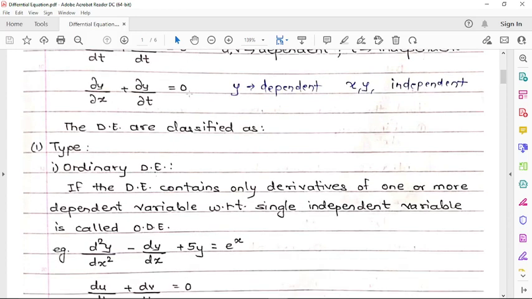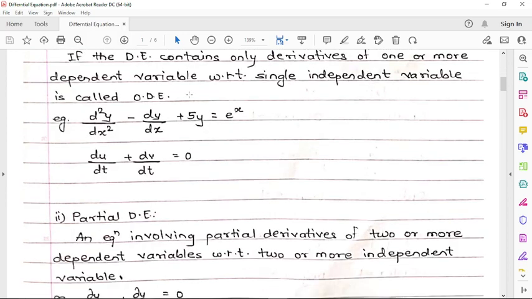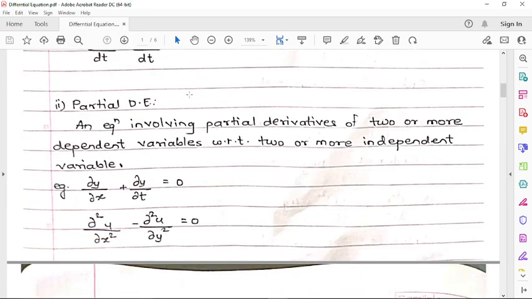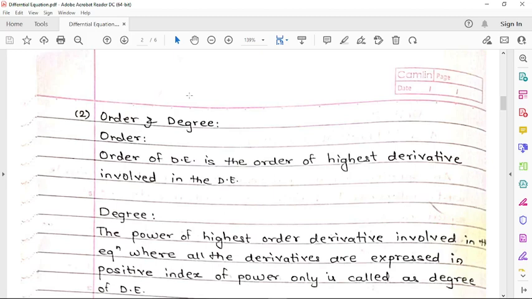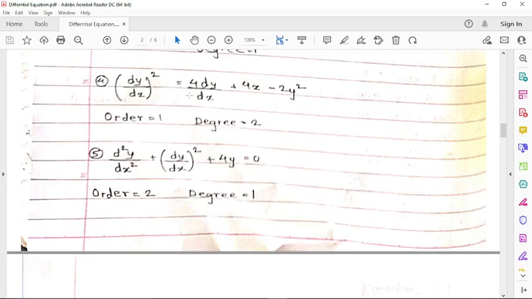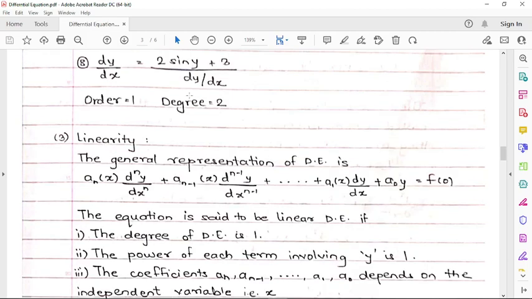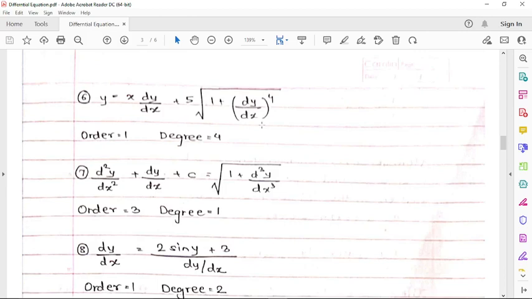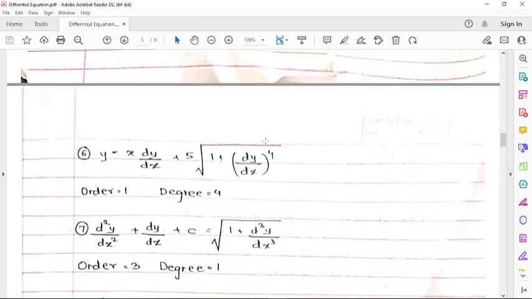We saw 3 types: first, whether it is ordinary or partial; second, what is the order and what is the degree; third, whether it is linear or non-linear; and fourth, whether it is homogeneous or non-homogeneous. Okay, so write these notes in your notebook and study this, and if you have not understood any point then just note down this point, and in tomorrow's class, offline class, we will discuss your queries. Okay.